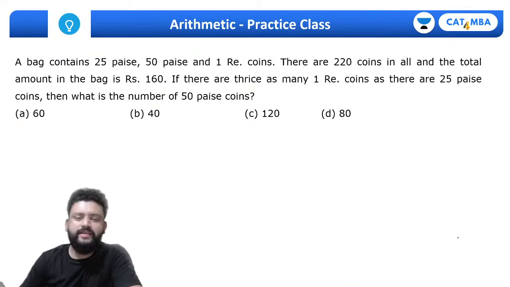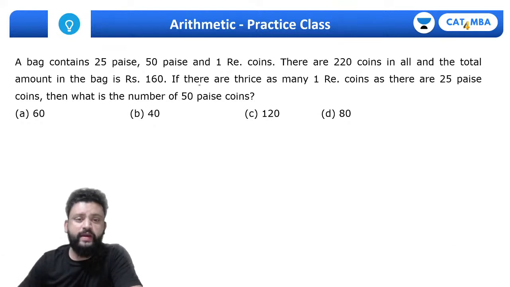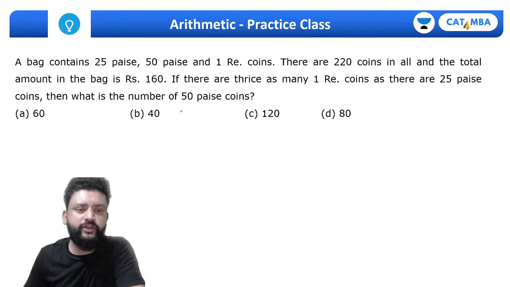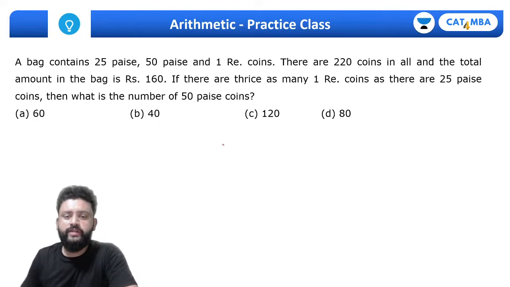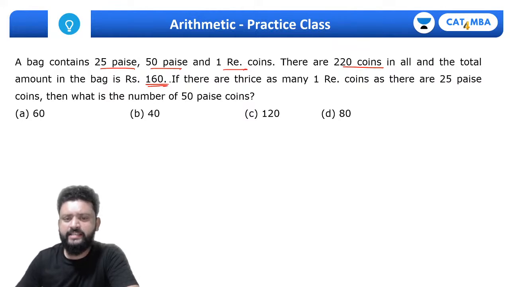Okay, so guys, the next one is really easy. I don't think I need to even explain this question. This is really a practice question for you. You can just quickly finish with it, and we'll move to the next one quickly. A bag contains 3 different types of coins: 1 rupee, 50 paise and 25 paise. There are total 220 coins in all, and the total amount in the bag is 160.